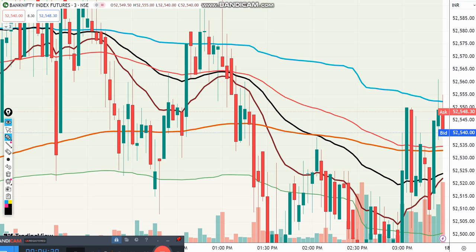So again, the 50 EMA crossed the 100 EMA here. I waited for the connecting candle because there was no crossover candle at the crossover point. There was a gap between the 50 and 100, and there was a connecting candle here which resulted in another candle.